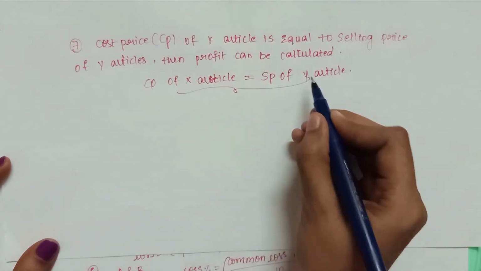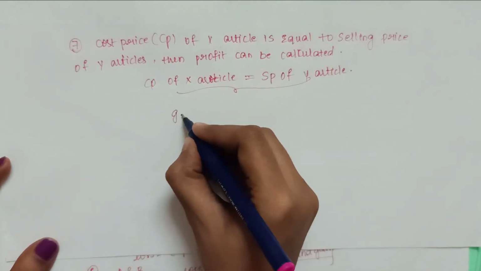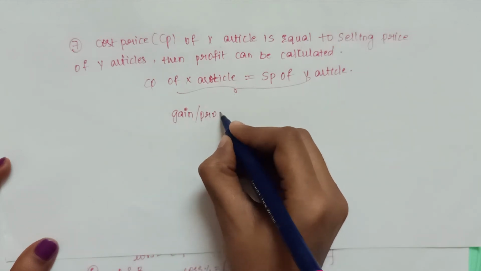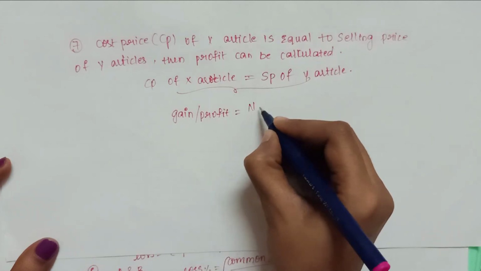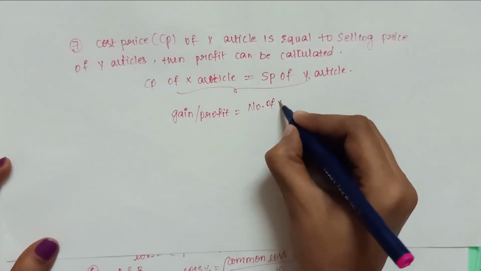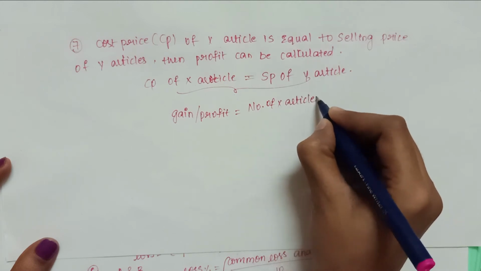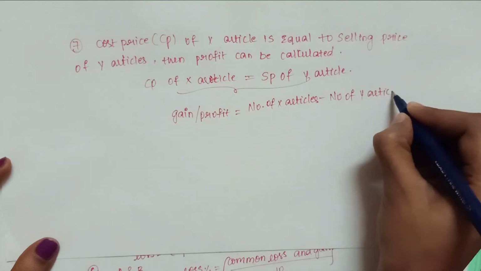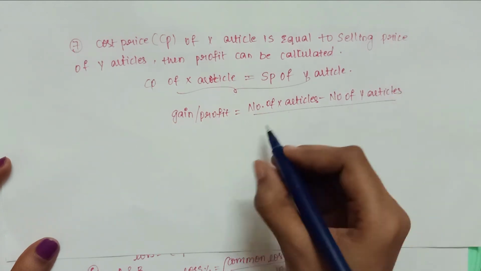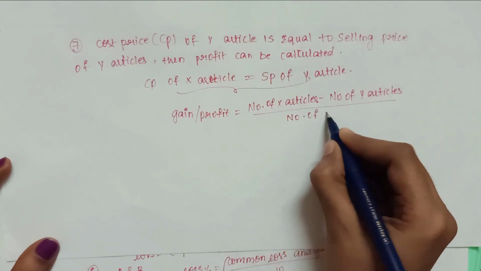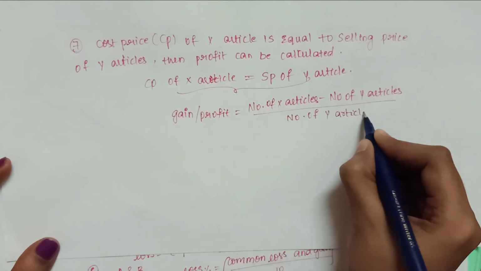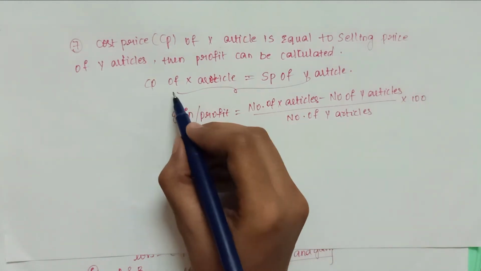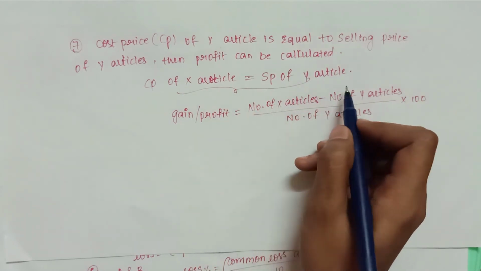When they give it in this form, we should use this formula. Gain or profit is equal to number of X articles minus number of Y articles by number of Y articles into 100.